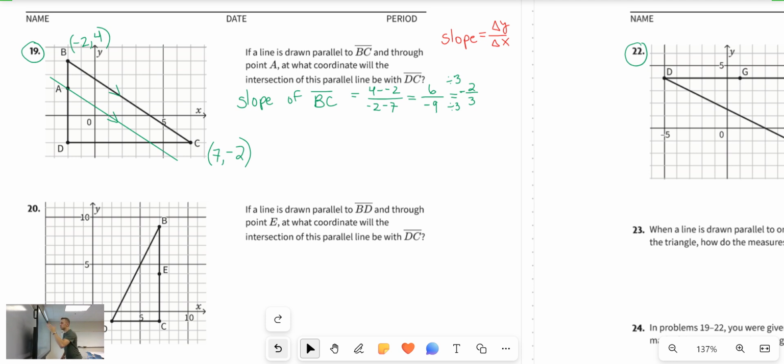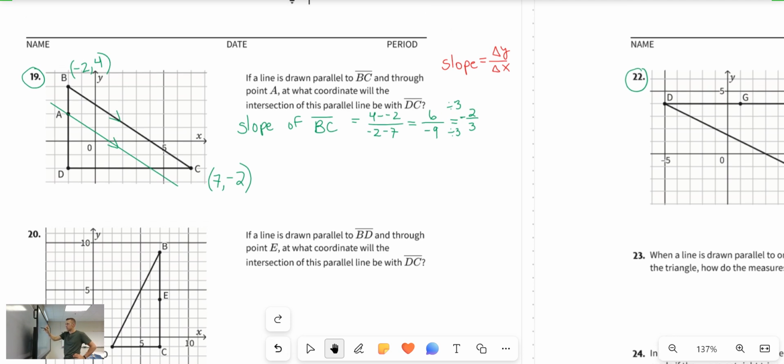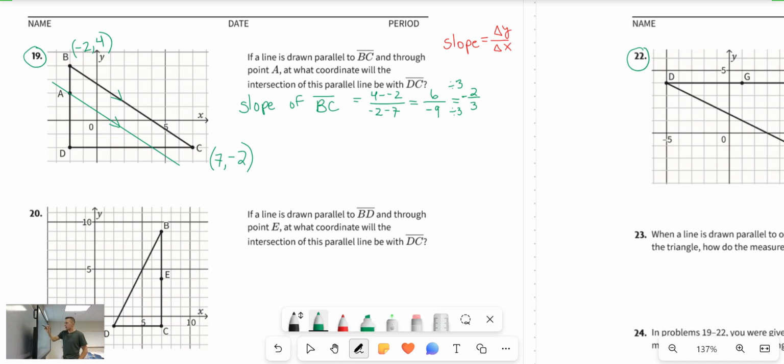Now, if we're following the same pattern of going -2/3, -2/3, -2/3, we could follow this pattern from point A. From A, we could follow the same slope, where this is down 2 over 3, and this is down 2 over 3, and down 2 over 3 again.